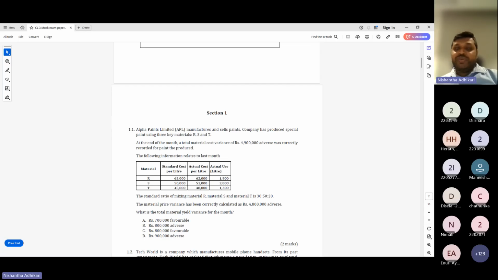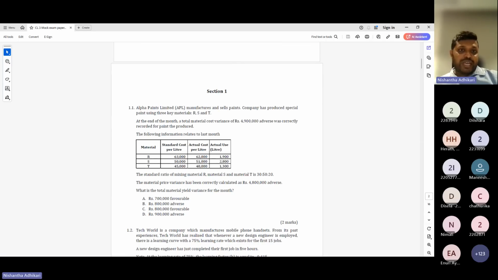Right. Okay. Now, first question, we will go through Alpha Paints Limited, APL, which manufactures and sells paints. The company has produced a special paint using 3 key types of material: R, S, and T. At the end of the month, a total material cost variance of 4.9 million adverse was correctly recorded on the paint they produced.